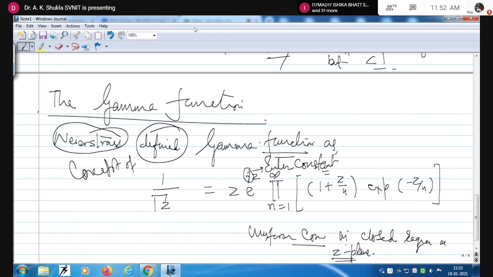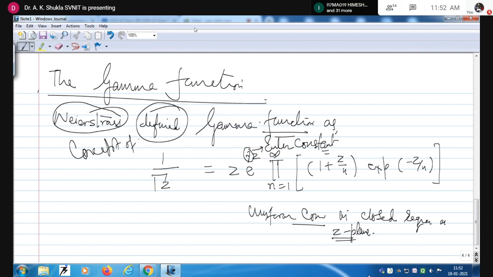And further, this gamma function is defined by the sign of the integration.